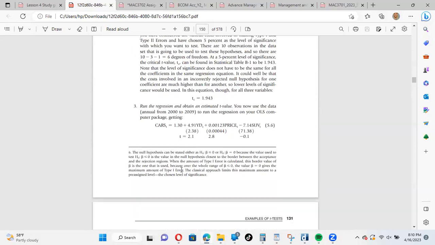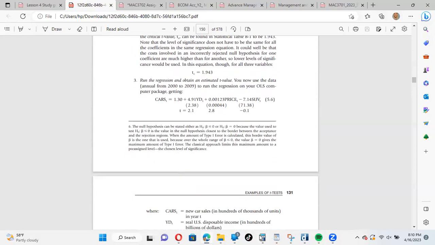Let me just run a calculation. So suppose this is the critical value, 1.943. Sometimes it's not exactly the same, but let's suppose for all three variables, the critical value is given as 1.943.